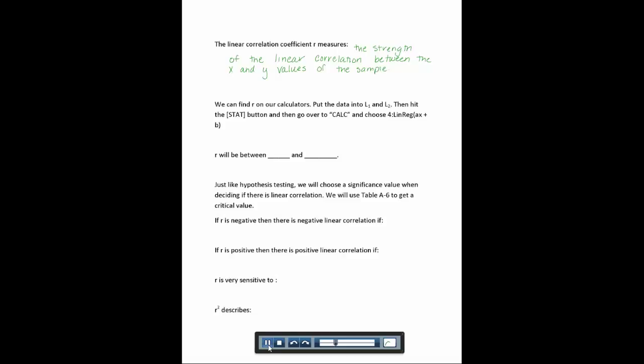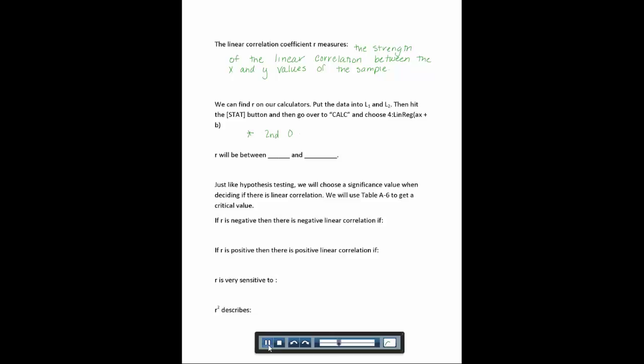We can find R on our calculator, so you'll put data into L1 and L2, and then here's the key sequence. You hit Stat, you arrow over to Calc, and then we choose number 4, LinReg, ax plus b. Sometimes you have to do a little funny thing on the calculator if the R is not showing up, and you only need to do this once. If your R is not showing up, try this first. Hit second and then the 0 button. It'll bring up the catalog.